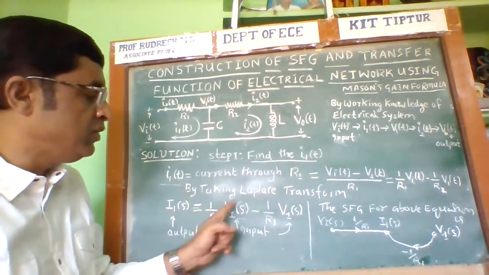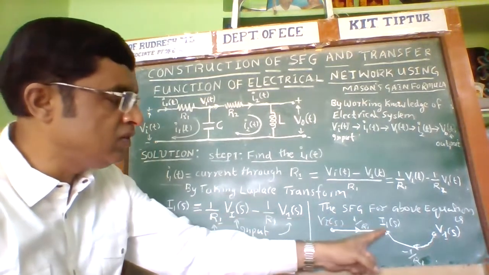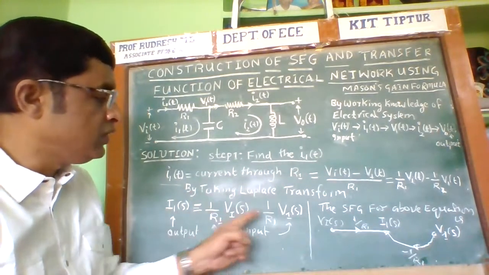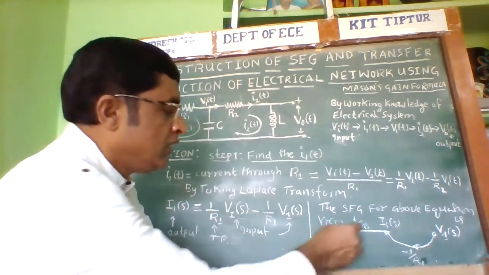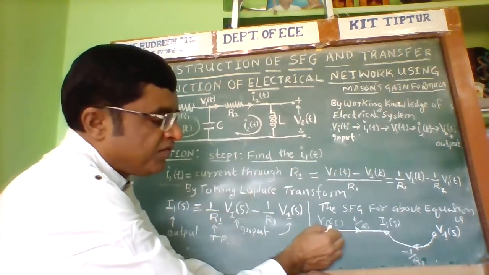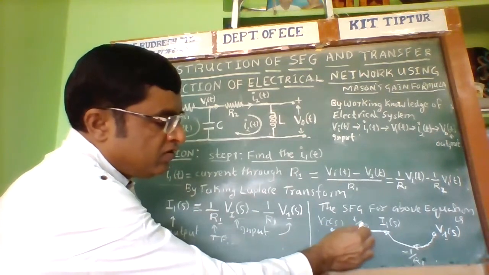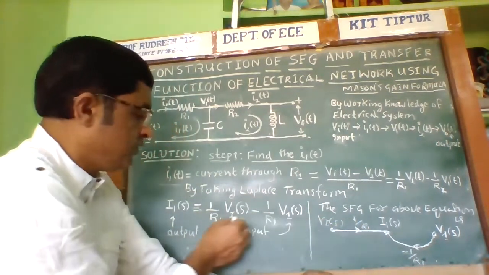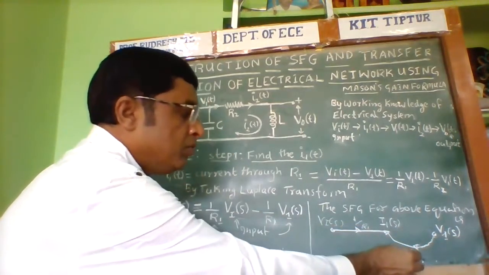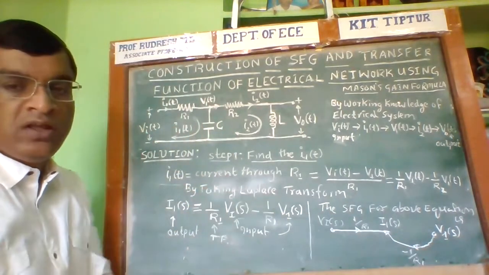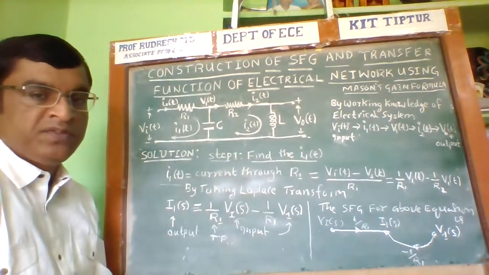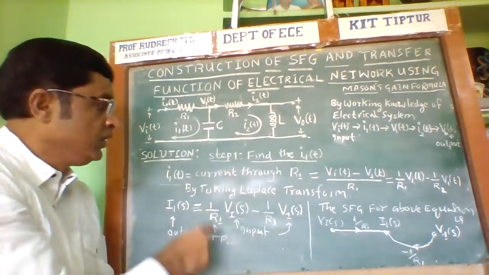This is the output point, and these are the inputs. When the signal VA of s passes through this branch, it is multiplied by the branch gain, and likewise for the other branch. Likewise, we need to construct this. This is the signal flow graph of this particular equation.